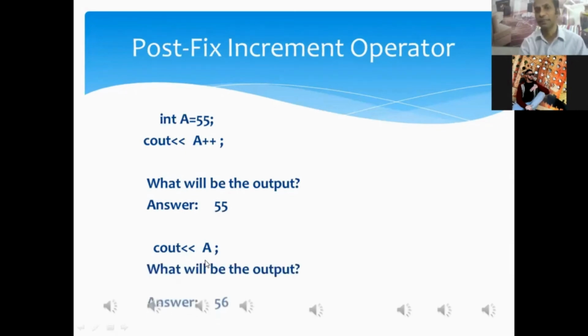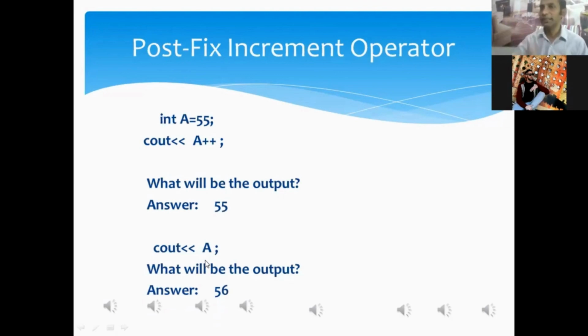And now I will revise this thing. It will help you in the coming slides to make you understand and comprehend. Whenever we use a postfix increment operator, my dear, what happens over there? First of all, the value of the variable will be used.